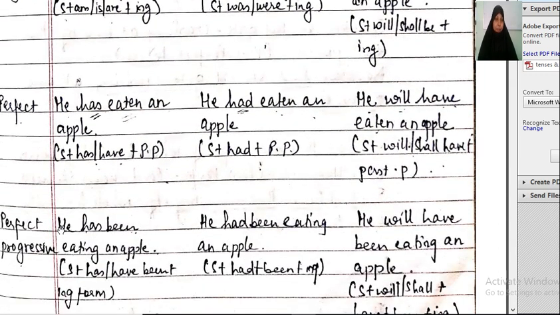Now, present perfect progressive tense. Present perfect progressive tense expresses an action that began at some time in the past and it is still going on and will go on in the future too. See, for example, he has been eating an apple.